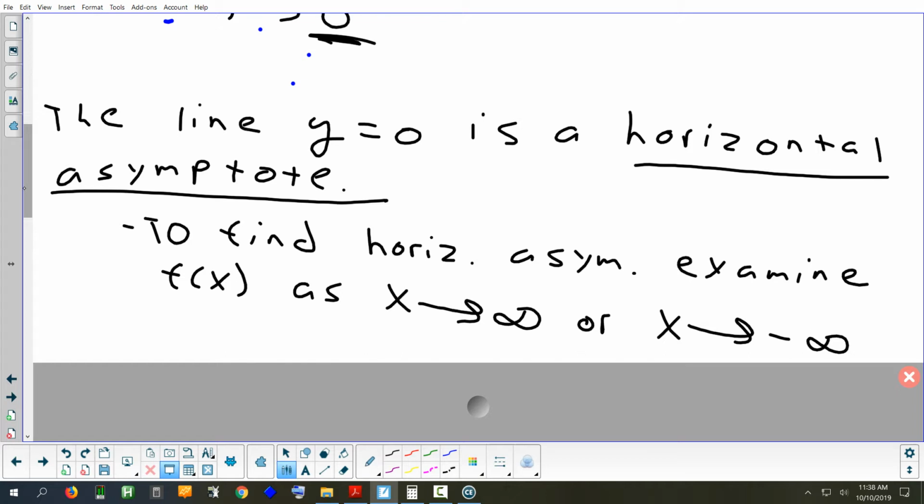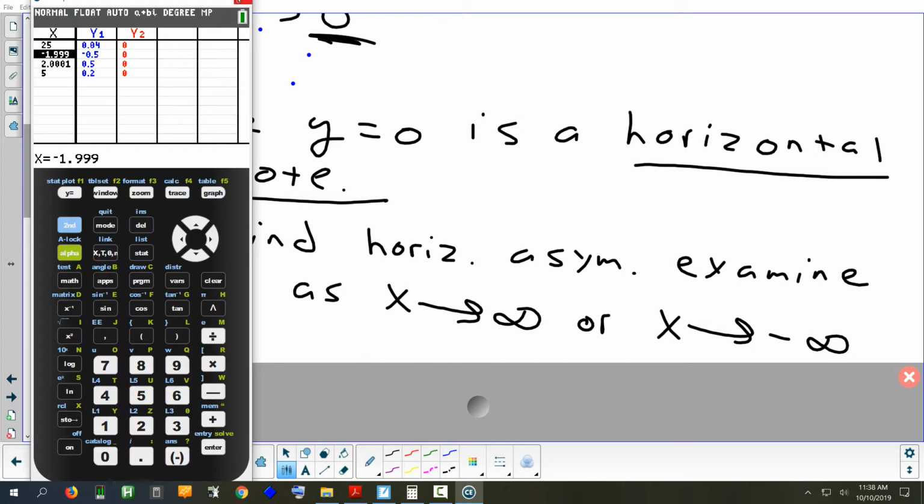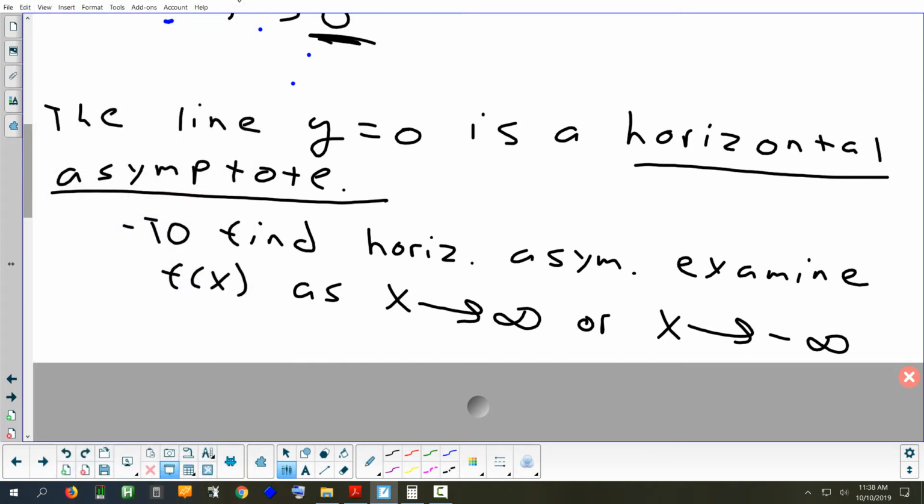To find horizontal asymptotes, this is how you do it. You examine what's happening to the y value as x gets really, really, really big, like a really big positive number, or as x gets really, really, really negative. Okay?